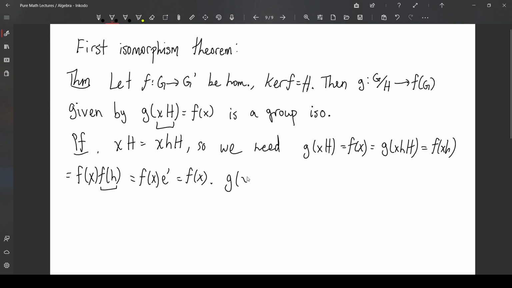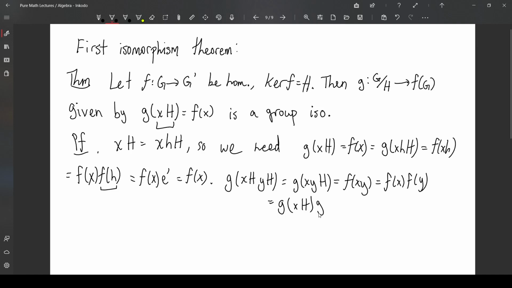So we can do that by taking a product inside. Okay, xH times yH is the same thing as xyH. So this is f of xy. f is a homomorphism, so we can break this up. And then this is going to be f of x is g of xH, and f of y is g of yH. So g is a homomorphism.